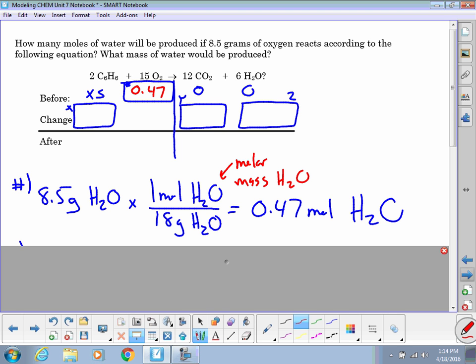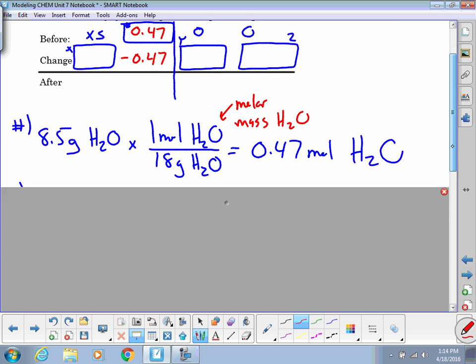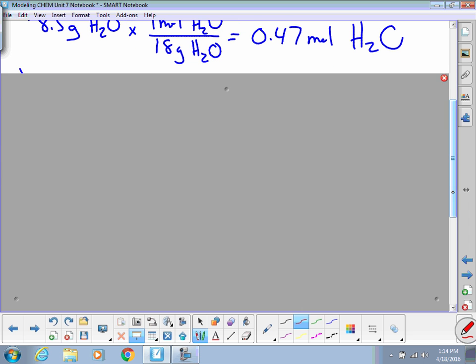Now, because of this reaction here, you might notice all the coefficients are different. So we're going to have to do 3 separate calculations in order to finish our change line. So we know we'll use up all of the oxygen gas. But we're going to need to do 3 separate calculations to get the rest of the change line.